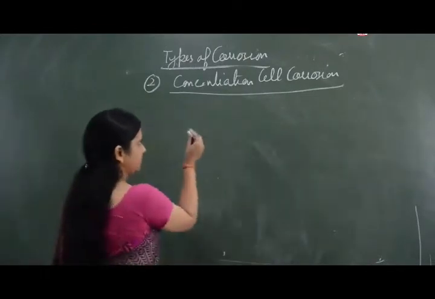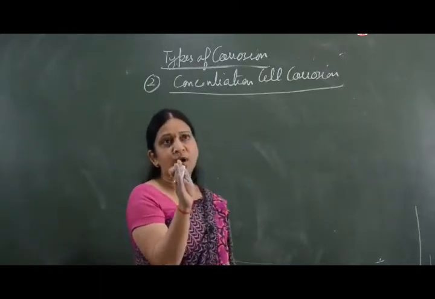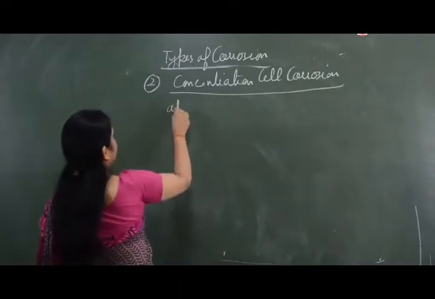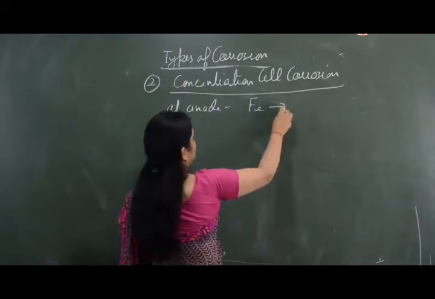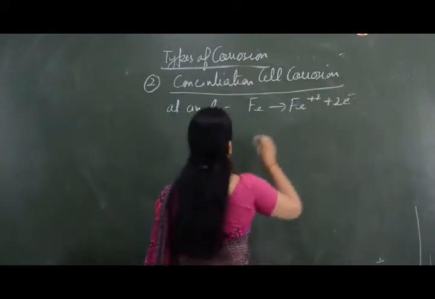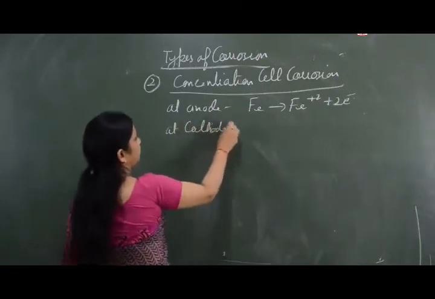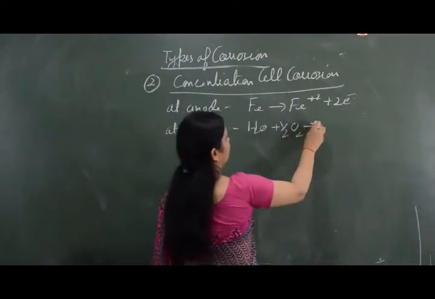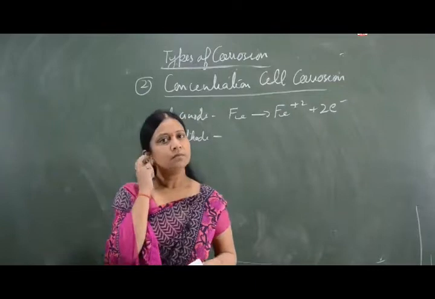If we write the general reaction for rusting of iron in presence of oxygen and neutral medium, then at anode, iron undergoes oxidation giving Fe2+ plus 2 electrons, and at cathode H2O plus half O2 plus 2 electrons gives 2 OH-.